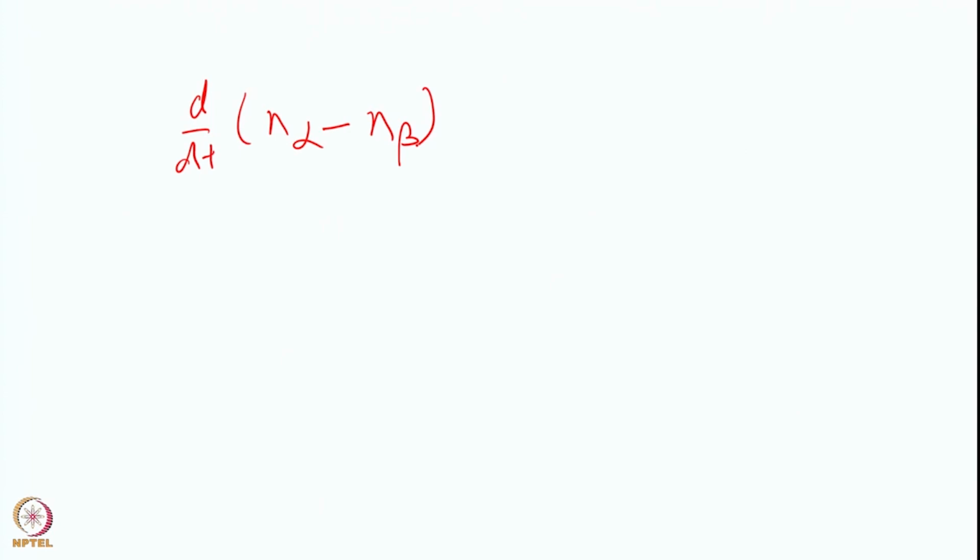I call it dn by dt, which is the population difference, and it turns out that this will be equal to minus 2pn. So, simple algebra here. You will generate this sort of an equation, dn by dt is equal to minus 2p times n, and what is n? n is equal to N alpha minus N beta. Okay. Now, if we solve this differential equation, I am not going to solve it here, but I will give you the result of what it will come out to be.